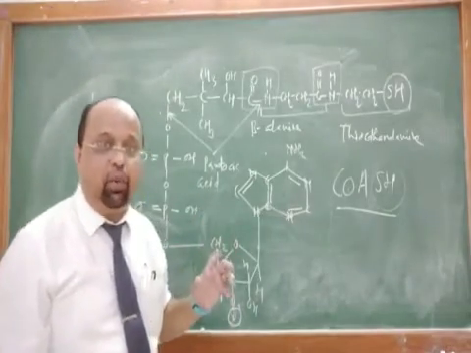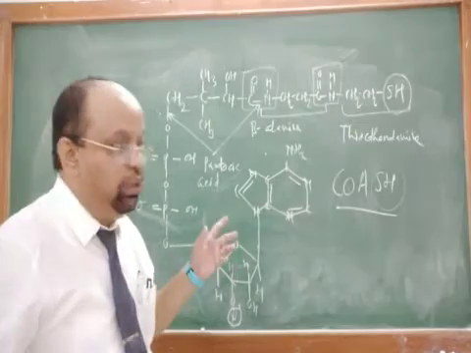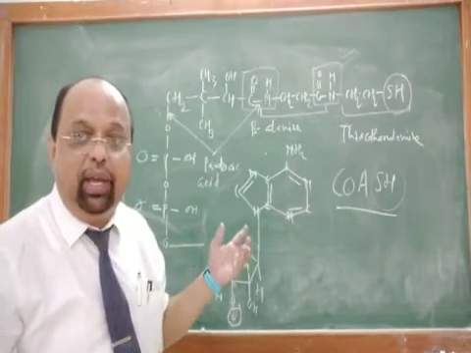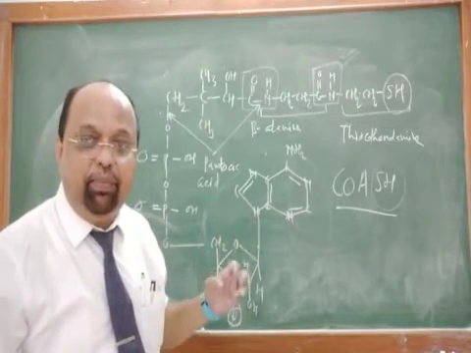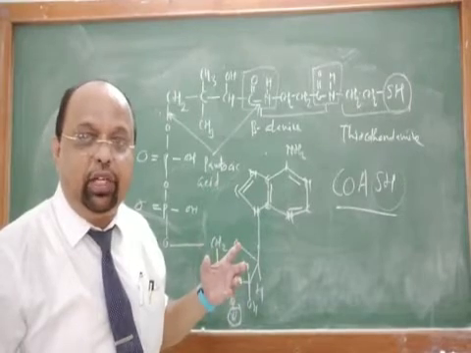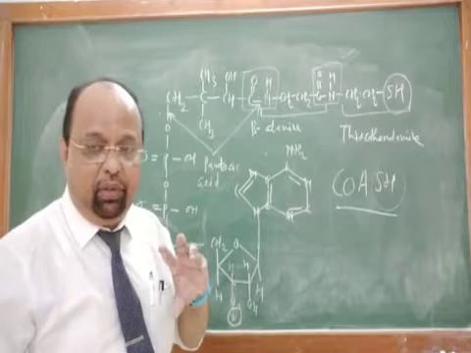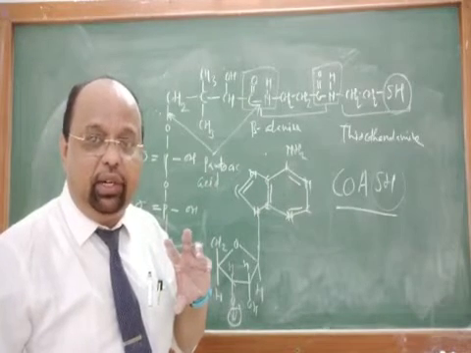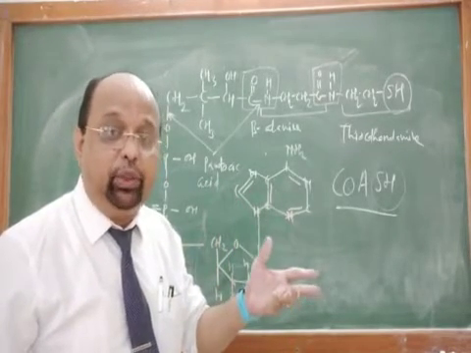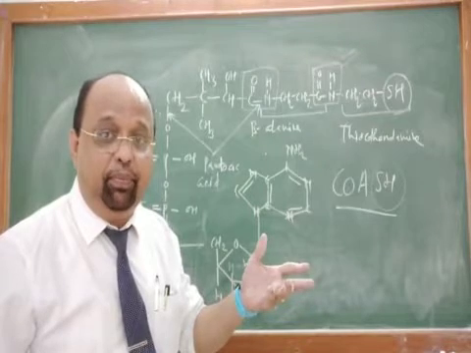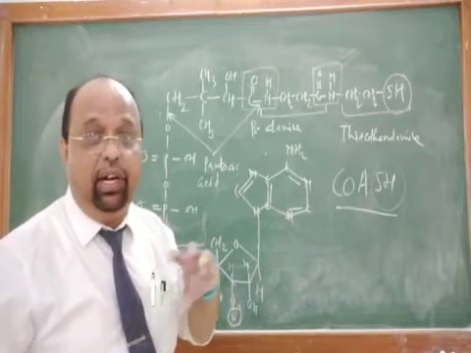And the second important thing is that pantothenic acid and coenzyme A, the structures are the same. Generally, in case of other vitamins, like thiamine, its coenzyme form participates in the enzymatic reaction, that is TPP. In case of riboflavin, it is FAD.